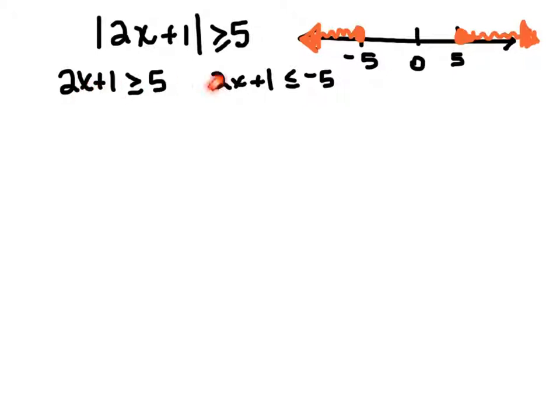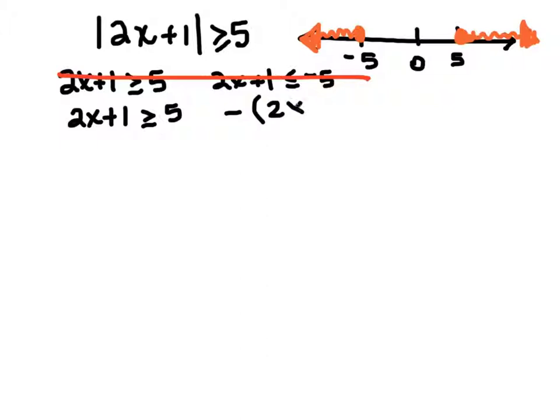Well, I don't like rules. I hate rules, actually. I hate them with a passion. So I would rather use what we were doing before. I would rather say 2x plus 1 is greater than or equal to 5, or the opposite of 2x plus 1 is greater than or equal to 5.